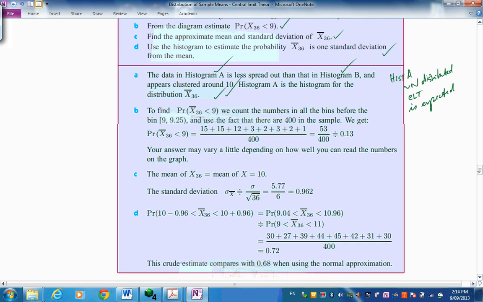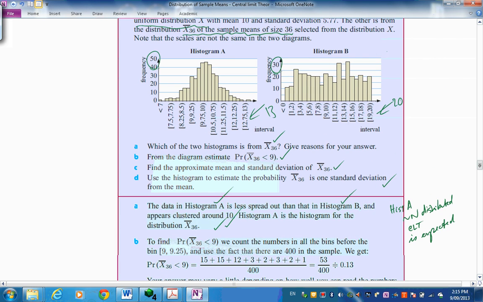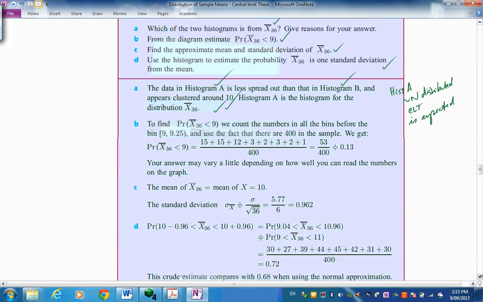Let's just go up and look at that distribution again. There it is, histogram A. It is less spread, less variation, but also it is normally distributed. Okay, approximately normally distributed. So make those two observations from the central limit theorem.